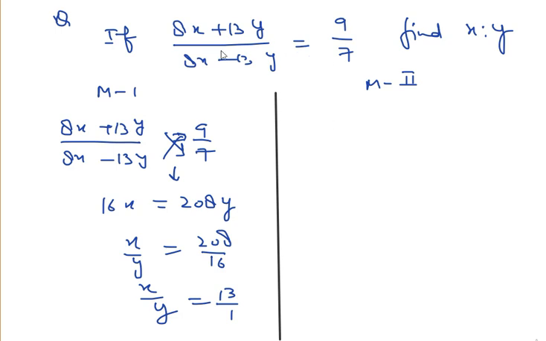And in another method you can see this is a plus b upon a minus b. We can see numerator and denominator, read carefully. A plus b upon a minus b is equal to 9 upon 7.